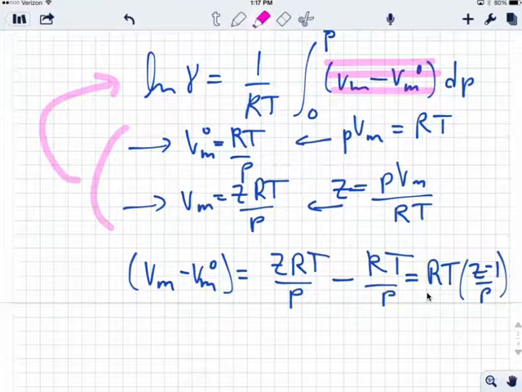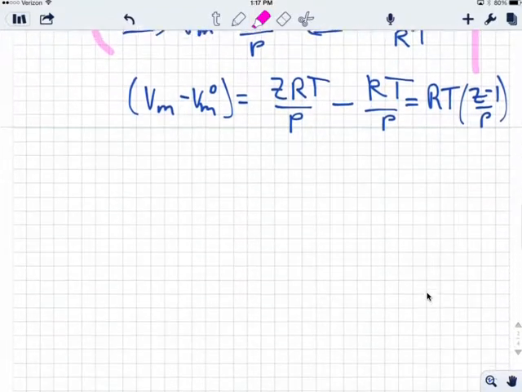So let's take this and plug it in to the inside of the integral and see what we get.